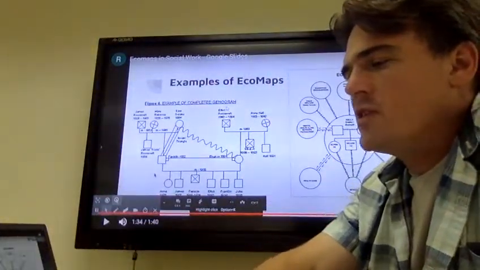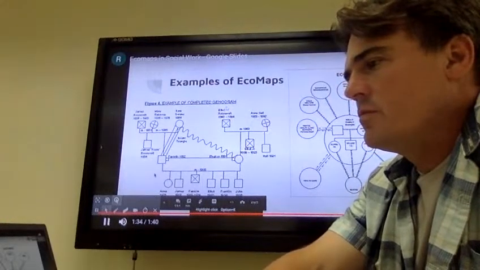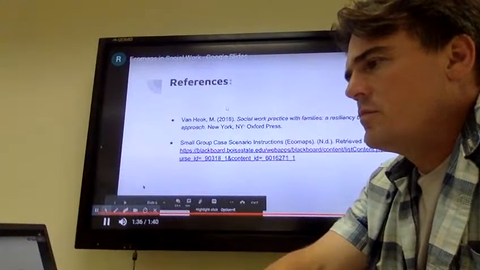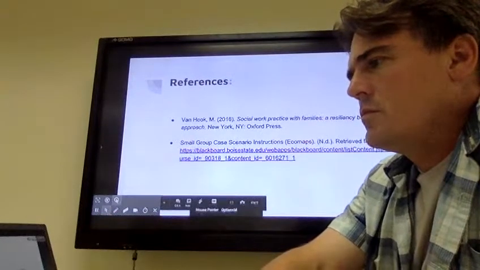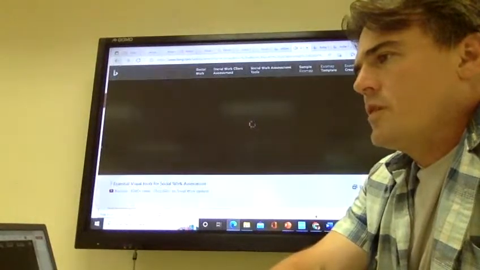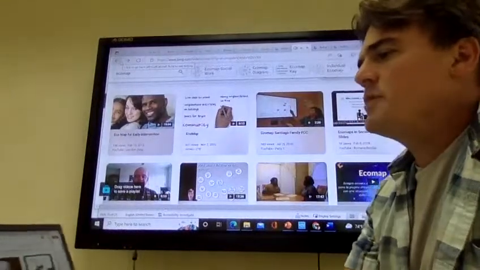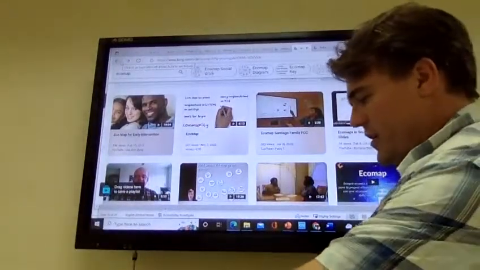I put that into assignments. I'll show you right when this ends in 6 seconds. And these are the references. So those are some of the things to look for and that you'll see with eco maps and genograms together.